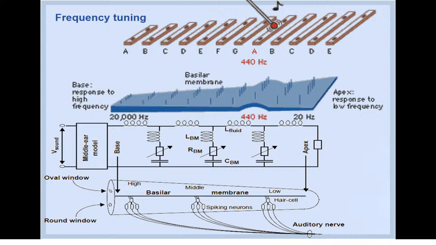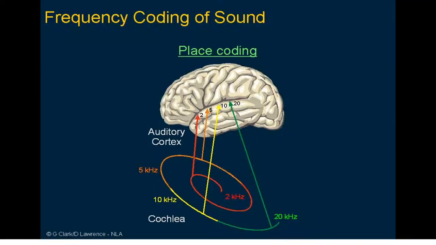And after this, the signals from the hair cells that conduct their potentials to the endings of the auditory nerve are then sent into the brain.